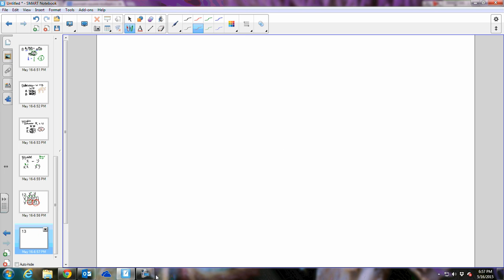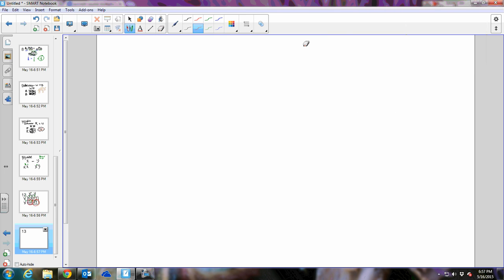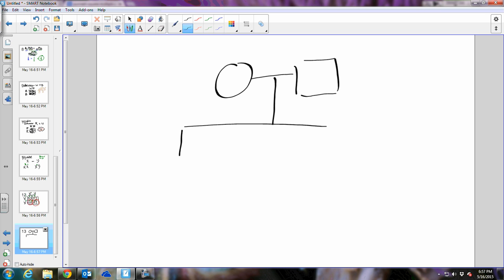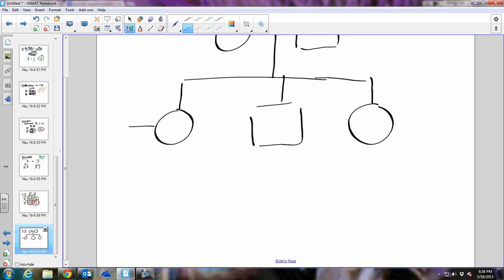Now, one last thing with these Mendelian genetics is this concept of pedigrees. Sometimes you're going to be given a pedigree, and a pedigree is just a family tree that looks something like this. And there may be another family over here.